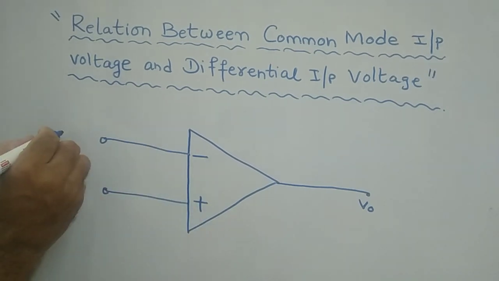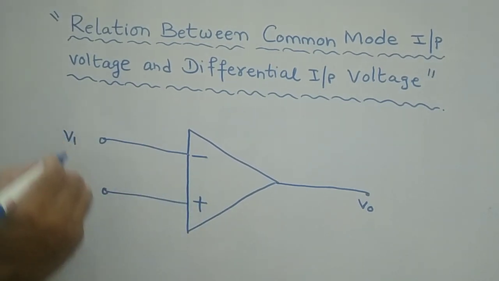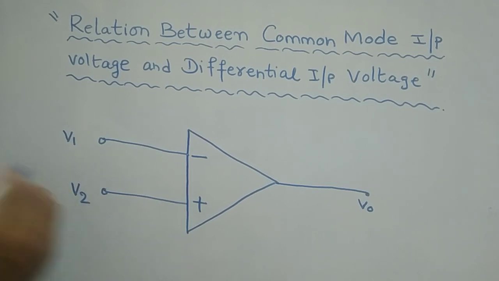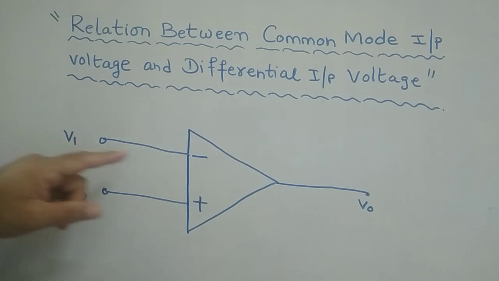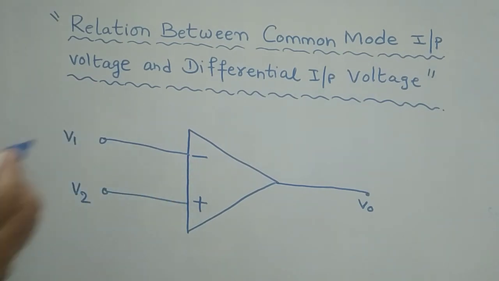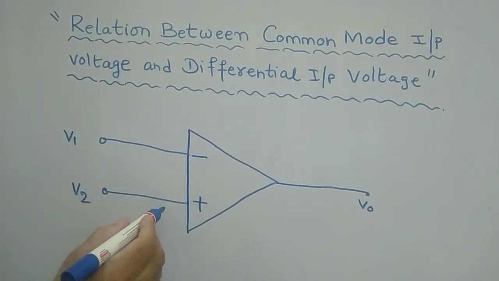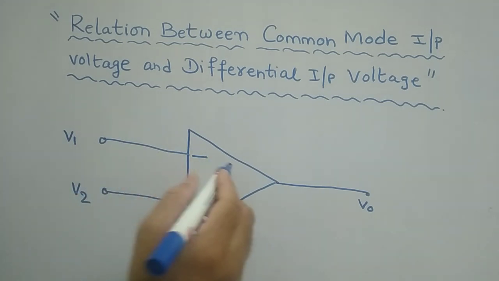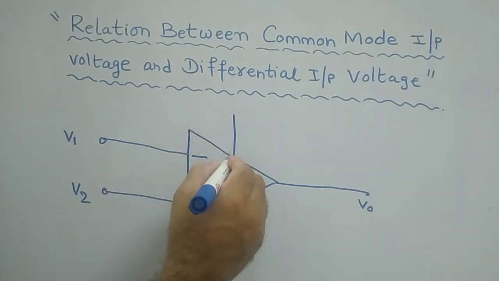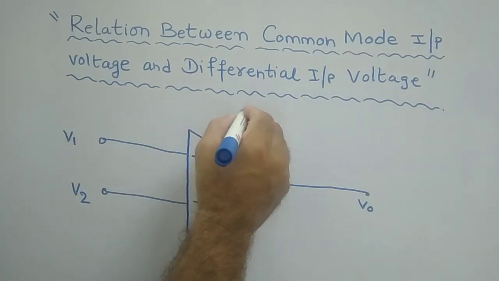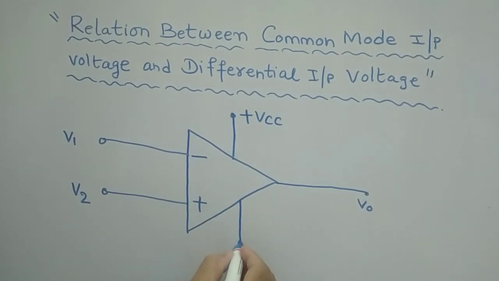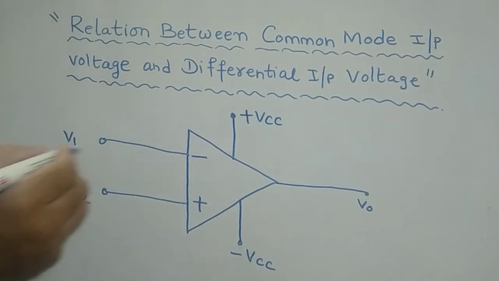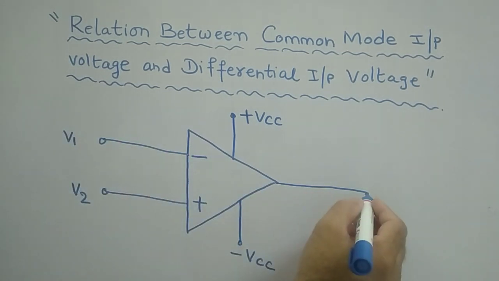Let us call this V1, and this V2. V1 is the input voltage given to the minus terminal, whereas V2 is the other input applied to the plus terminal. Obviously it needs two power supplies, which you can term as plus VCC and minus VCC. This is the basic op-amp, and this is your output terminal.